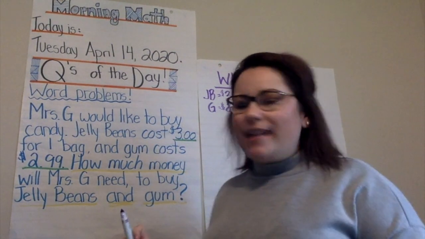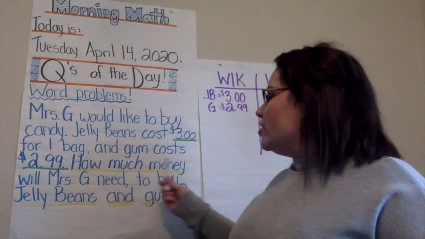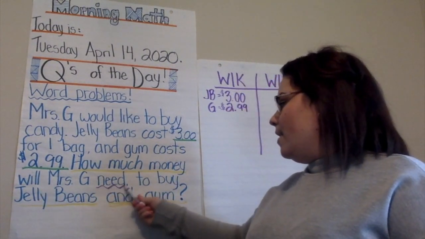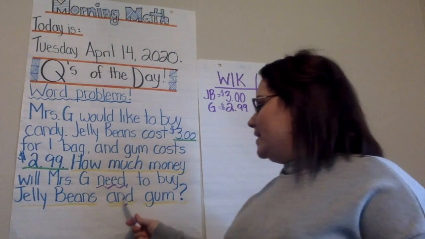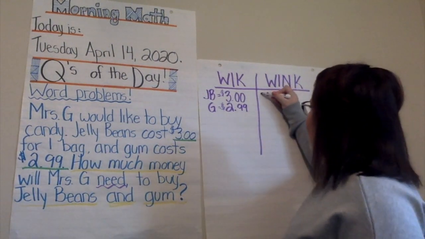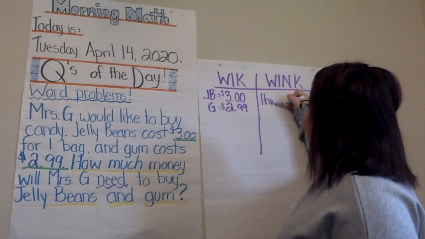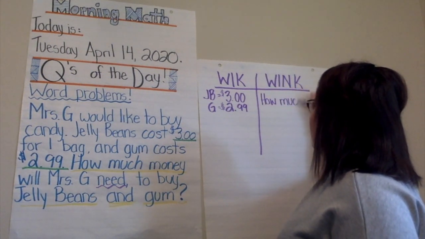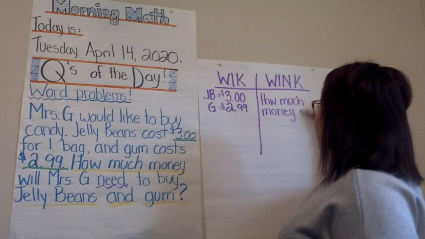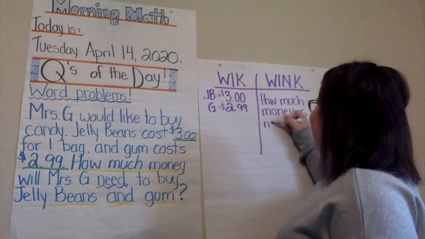Well, let's go back to this question. How much money will Mrs. G need to buy jelly beans and gum? So I need to know how much money is needed.